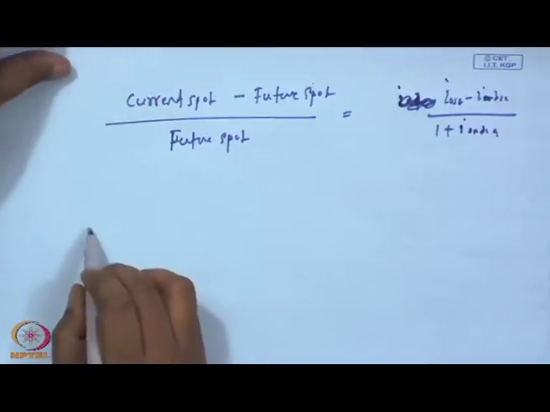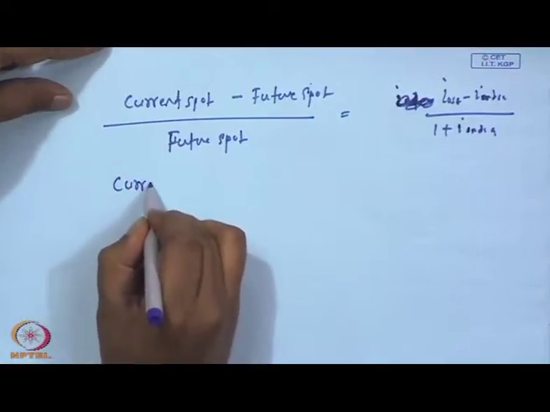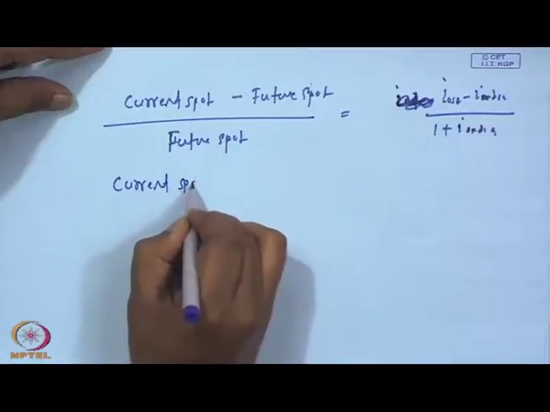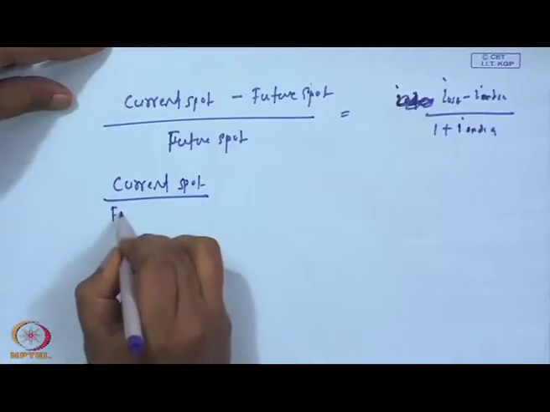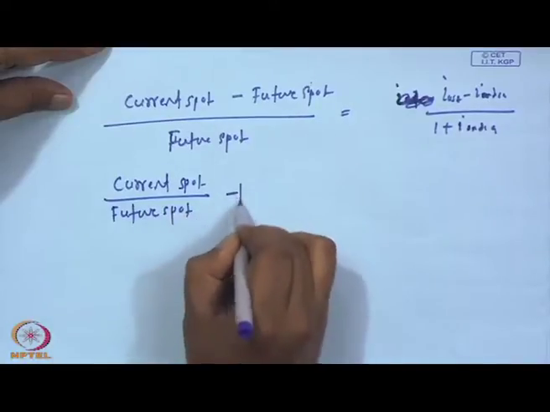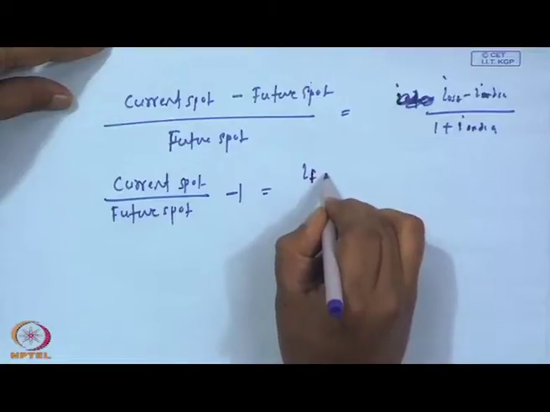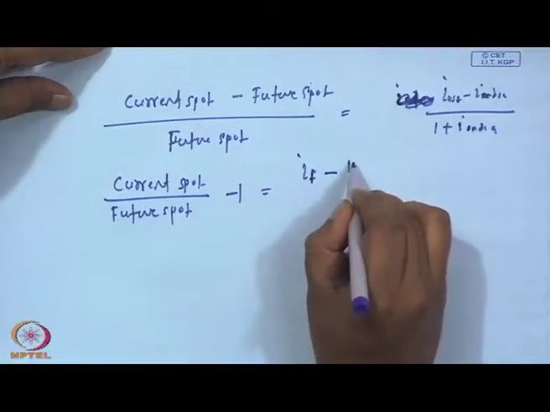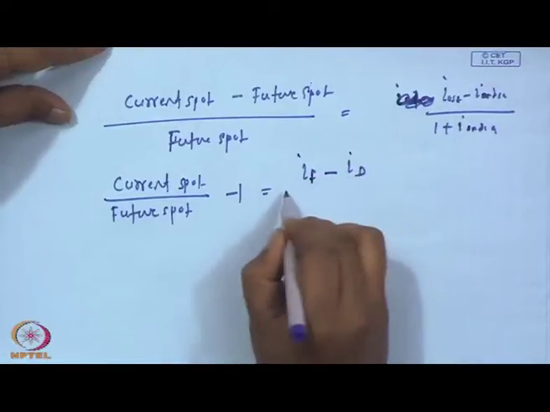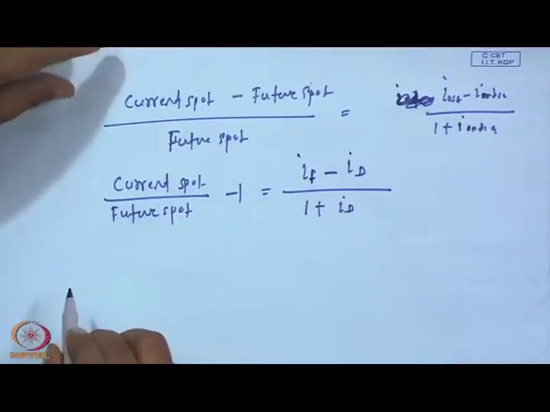In place of India, I am writing domestic country. So, current spot divided by future spot, minus 1, will be interest rate in foreign country minus interest rate in domestic country, divided by 1 plus interest rate in domestic country.